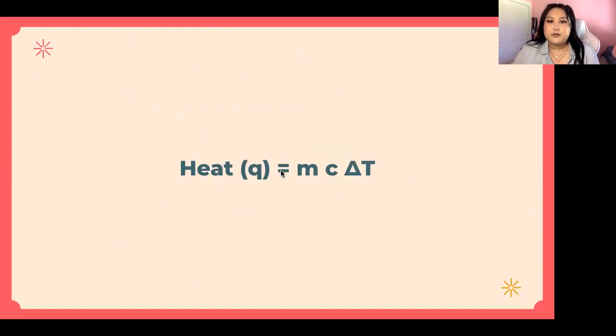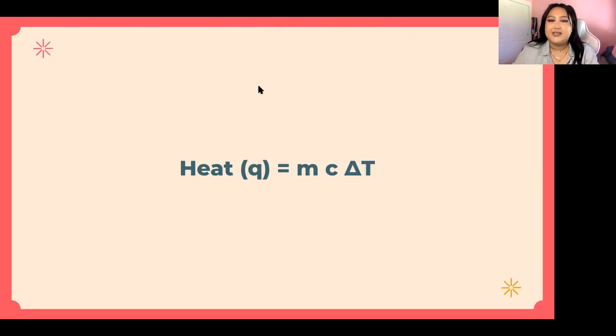So the Q is the heat, and can anyone tell me what units we usually measure heat in? You guys can unmute yourself, or you can just type it in the chat. Joules?